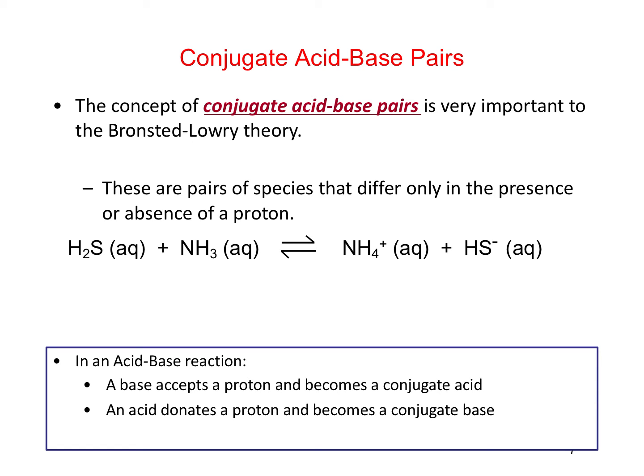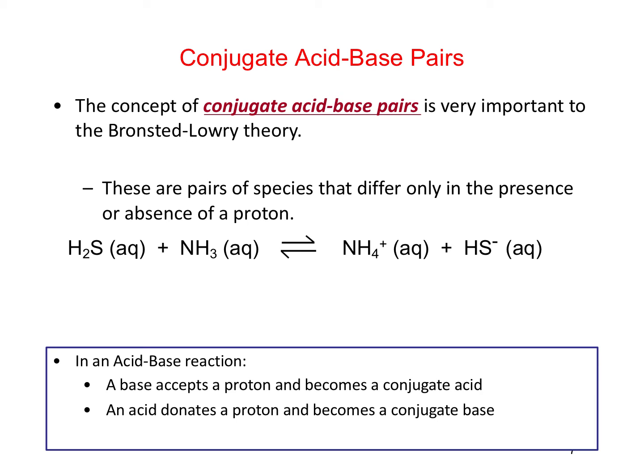A really important concept that comes up when we talk about Bronsted Lowry acids and bases is the idea of conjugate acid-base pairs. These are pairs of species where one's going to be on the reactant side and one's going to be on the product side, where these compounds differ only in the presence or absence of a proton, an H+.